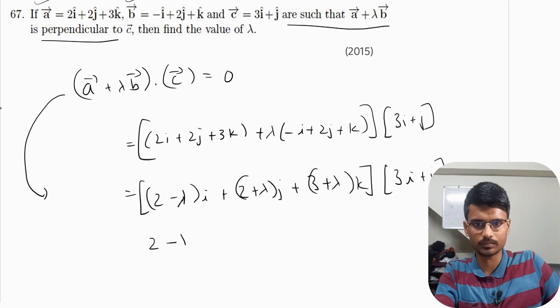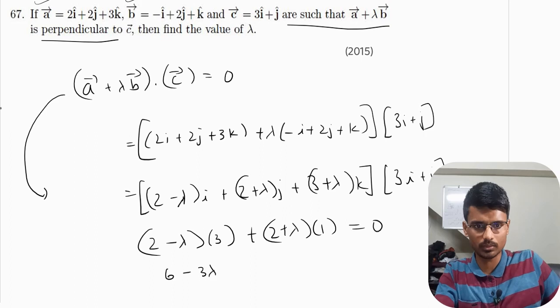So 2 minus lambda into 3 plus 2 plus lambda into 1 is equal to 0, which gives us 6 minus 3 lambda plus 2 plus lambda equal to 0. So it gives us 8 minus 2 lambda equal to 0, which means lambda is 4.